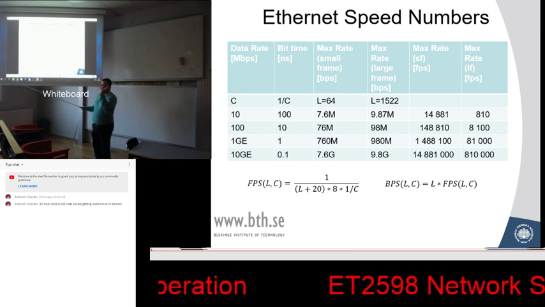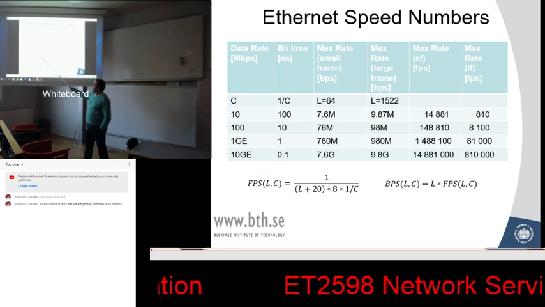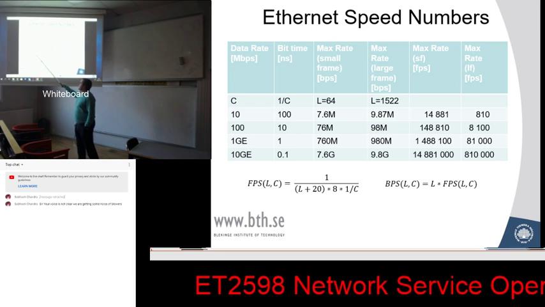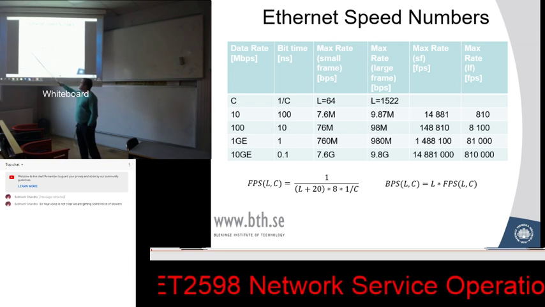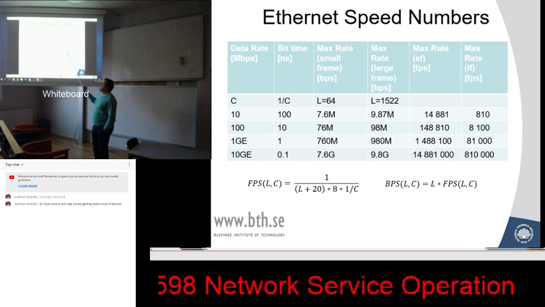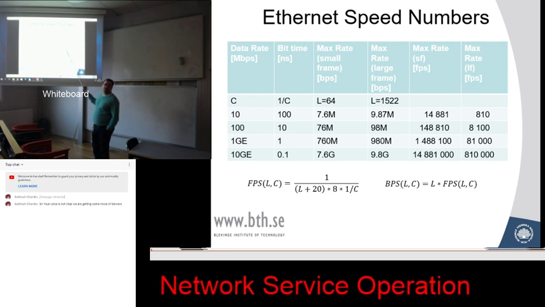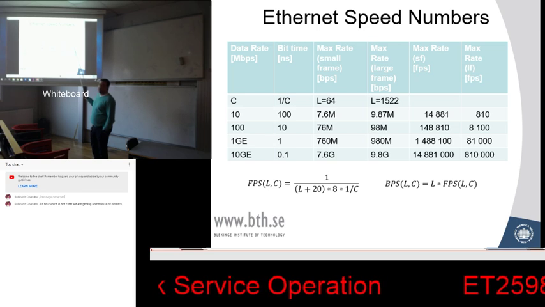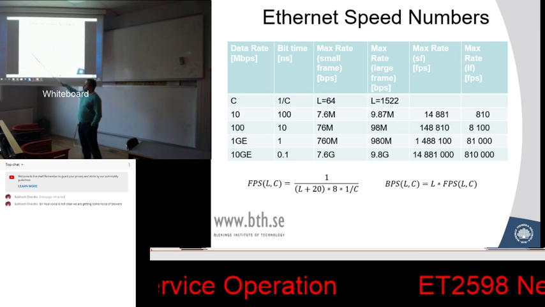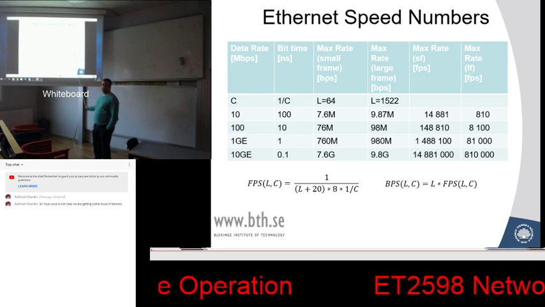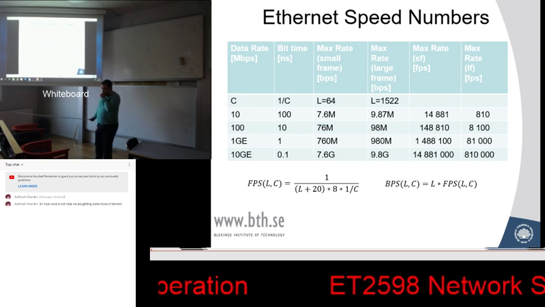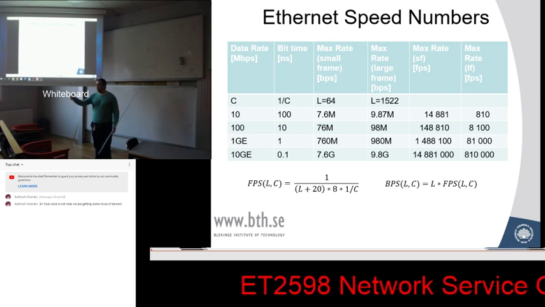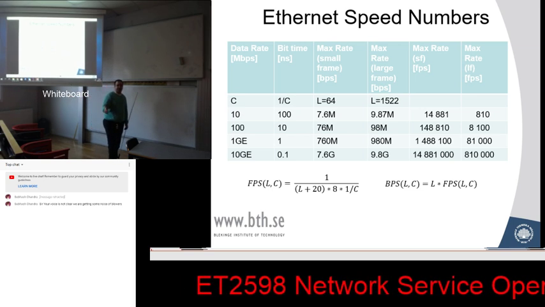What I kind of do, my memory is segmented. So I remember this, 1 gigabit, 1 nanosecond. Then I remember 10 megabits: I do 14,881 frames per second, or I do 810 frames per second. And then, as I scale up, this just adds zeros. It's good to have that as a rule of thumb when you're looking at data.